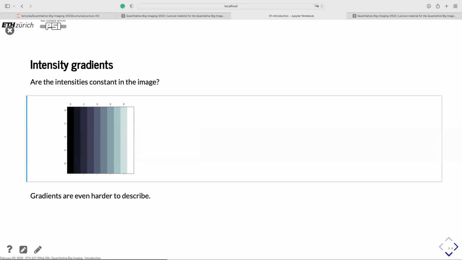And again, if you would take just a line profile across here, then you will see that the profile is actually a pretty nice staircase, and not as you would perceive it, something like this. So again, here it's really important that you do measurements to see that things are actually constant.